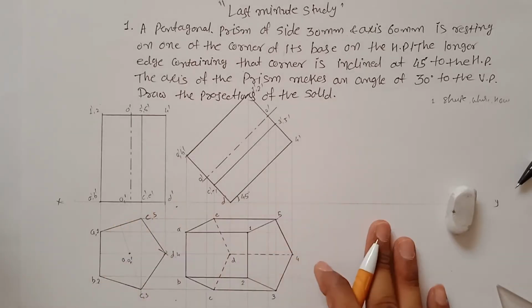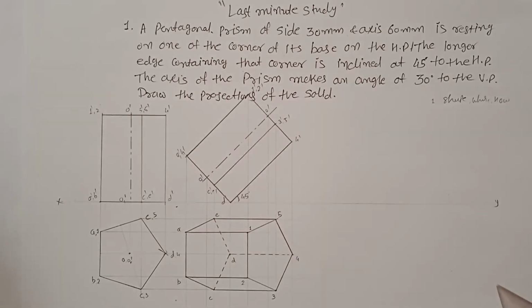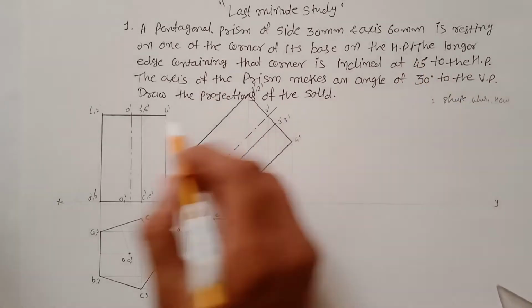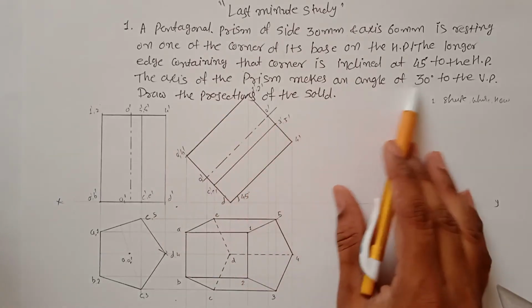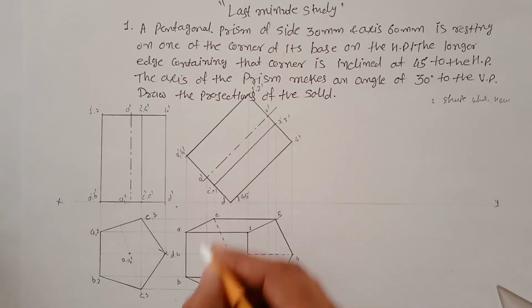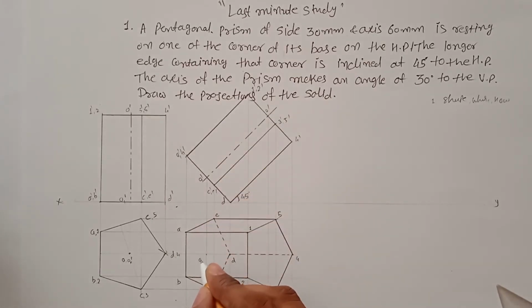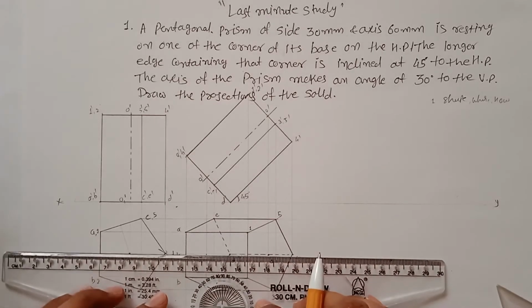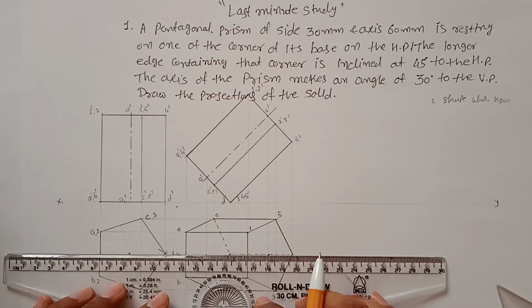Now to find out the final position, let's see. The axis of the prism makes an angle of 30 degrees with the VP. So you have to find out the axis. So this point is O1 and this point is O. Now just draw this axis.